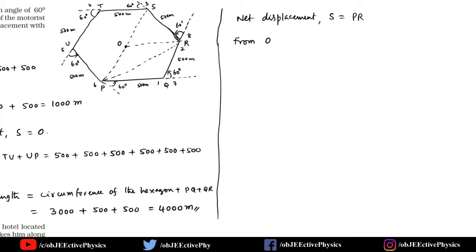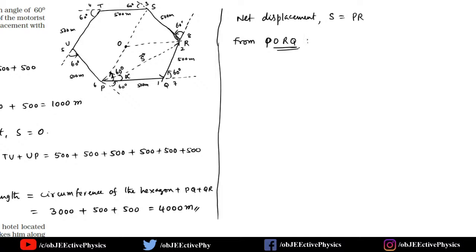Here this is 60 degrees and here 60 degrees, the same angle. There are two vectors: PQ is one vector, QR is the second vector. The angle between PQ and QR is 60 degrees, and the resultant S bar makes an angle alpha with the first vector PQ.